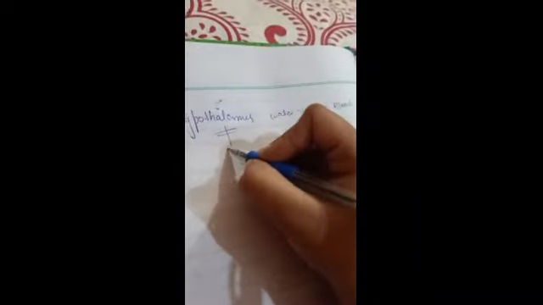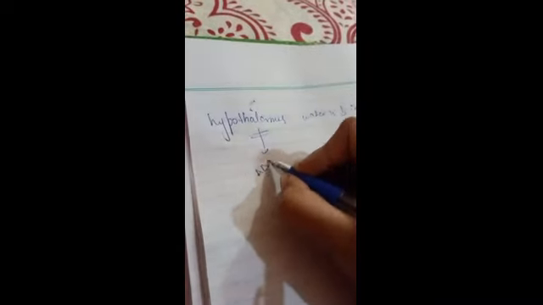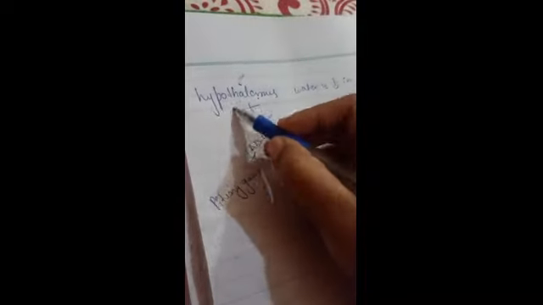The hypothalamus releases ADH, the antidiuretic hormone, which is released by the hypothalamus but stored in the pituitary gland. The hypothalamus sends a message to the pituitary gland to release the ADH.